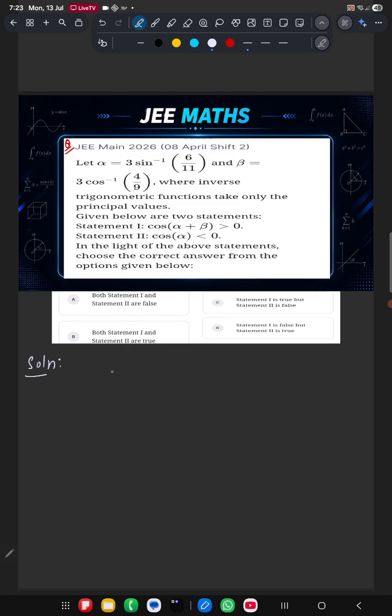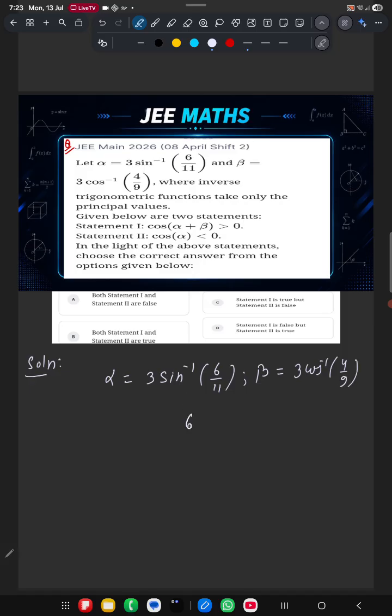Now you have been given alpha as 3 into sine inverse 6 upon 11 and beta as 3 cos inverse 4 upon 9.